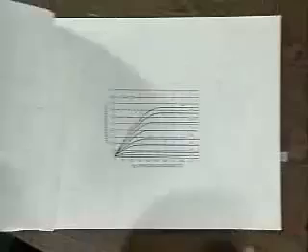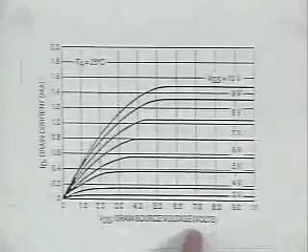The characteristic curves, which I showed you earlier, relate the drain to source voltage and the drain current, a two-dimensional relationship, with the gate to source voltage as a parameter.